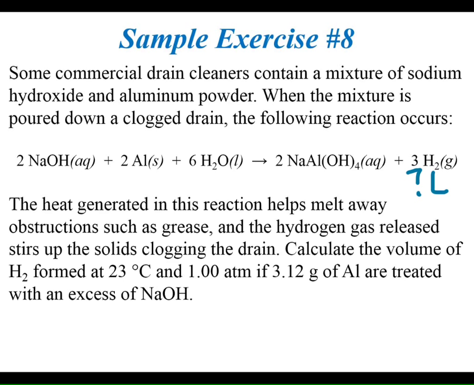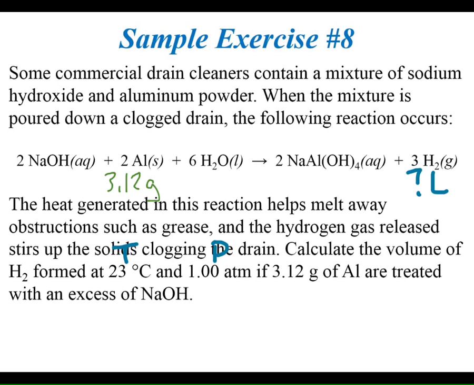That's what I'm trying to find. I know the temperature of that gas. I know the pressure of the gas. I want to find the volume of the gas. Pressure, volume, and temperature. Which other one am I still missing? I'm missing the moles of the gas. Well, they told me I have 3.12 grams of aluminum.